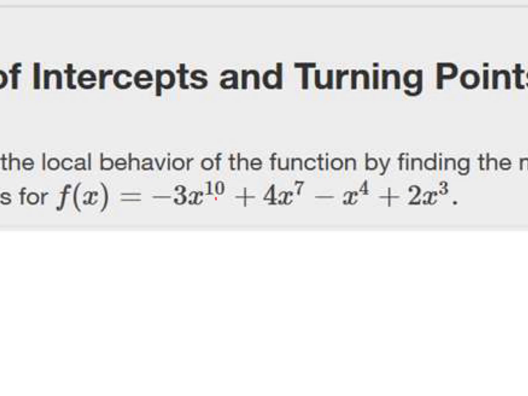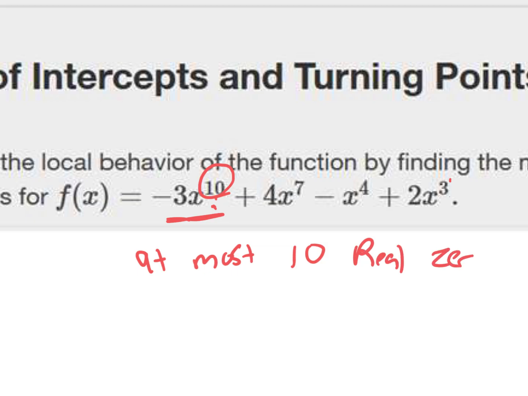But since the highest power is 10, and this is in order, so it's the first leading term, which is what I want to see anyway, at most 10 real zeros, which means at most 10 x-intercepts.